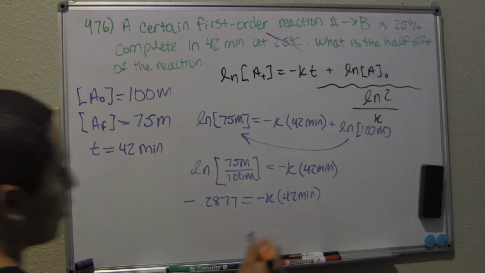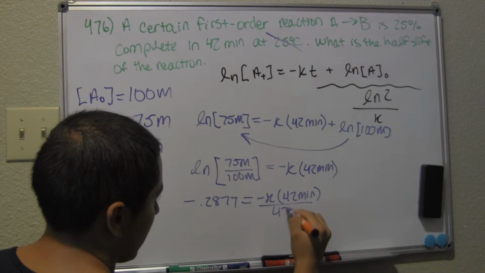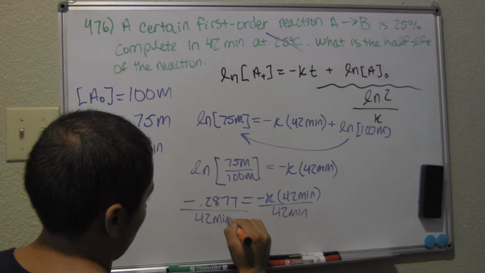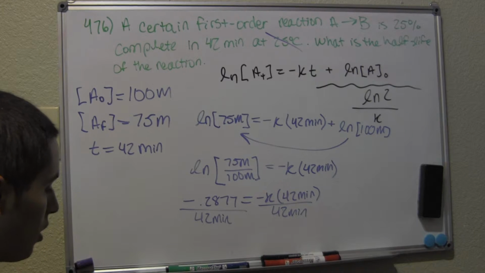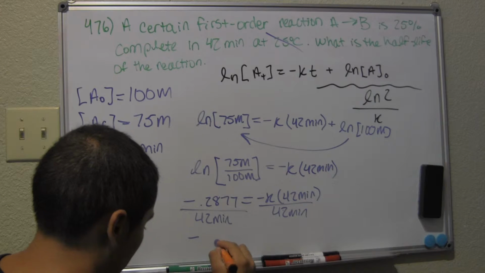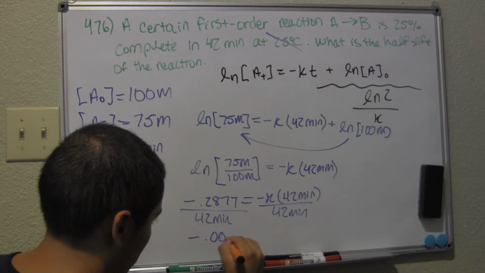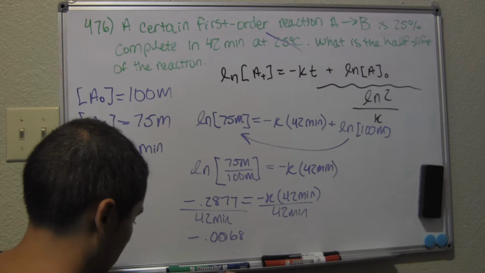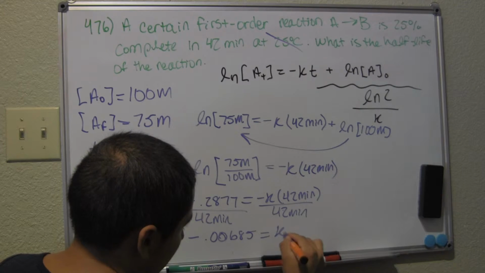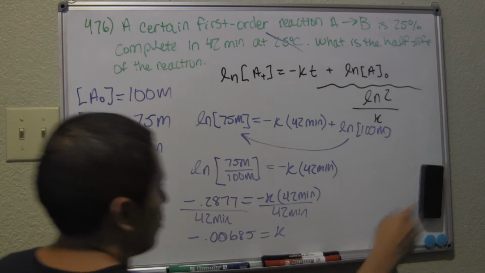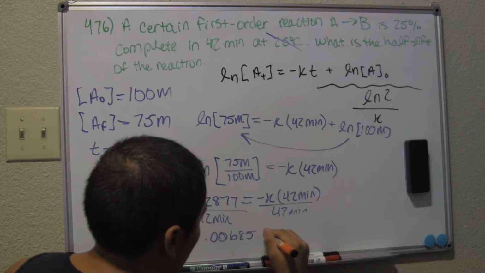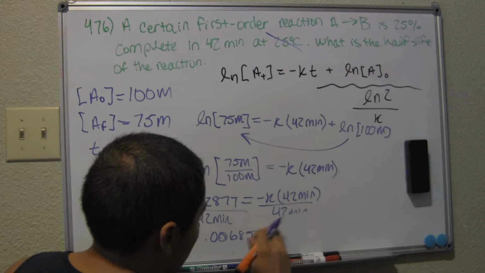Let's divide by 42 minutes to isolate K. That answer divided by 42 gives negative 0.00685 equals negative K, with units of minutes to the negative 1.